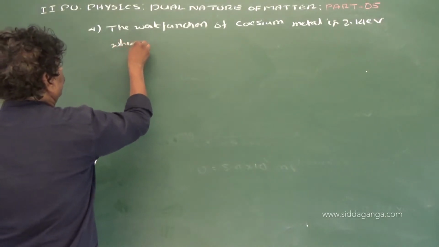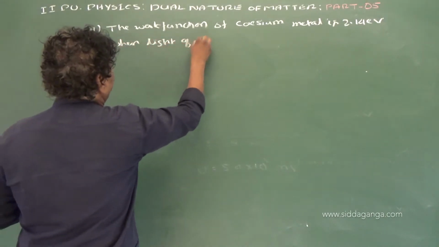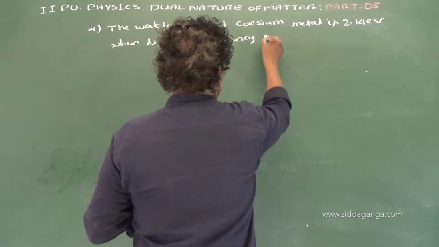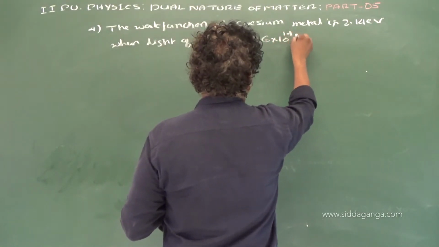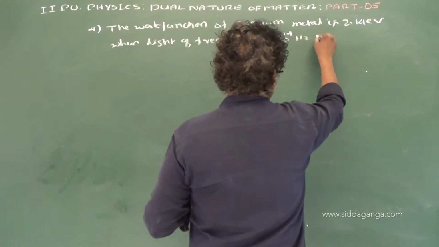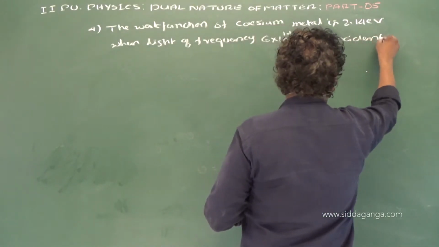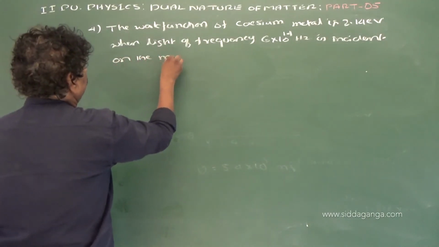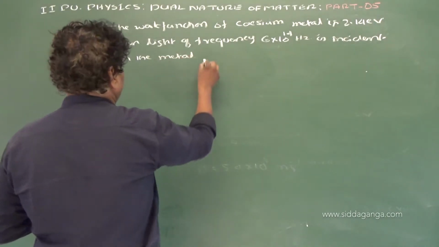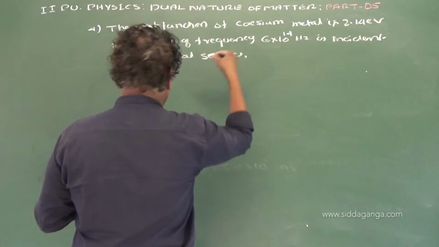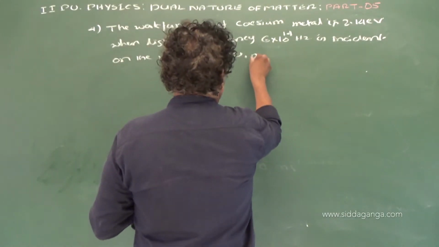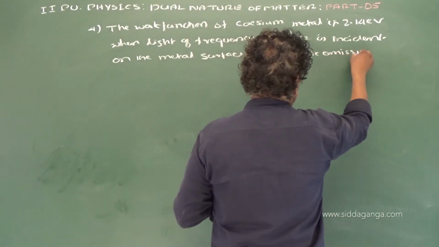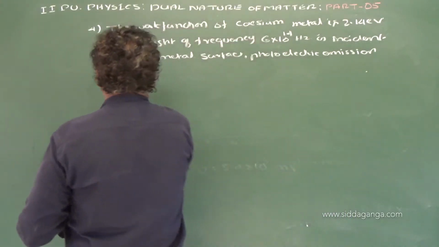When light of frequency 6 into 10 raised to the power of 14 hertz is incident on the metal surface, photoelectric emission occurs.